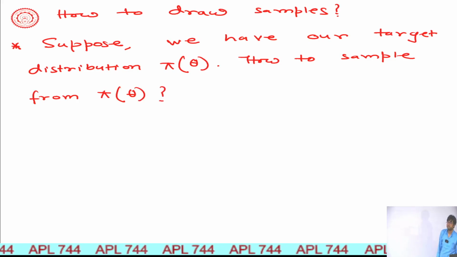Before we discuss that, there is something that you need to know: there are standard algorithms that allow you to sample from the uniform distribution in 0 to 1.